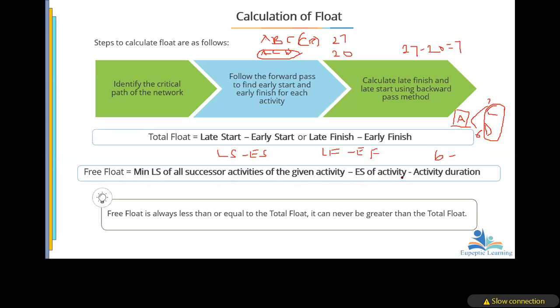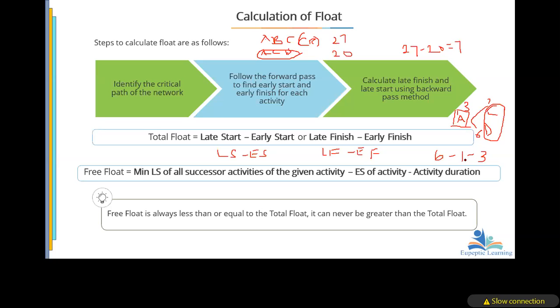the early start of the activity. So assuming the early start of activity A here is 1, we are assuming that it is 1. Then you're going to put that 1 here. Assuming that activity A takes 3 days, that is the duration of activity A, so that will be 3.